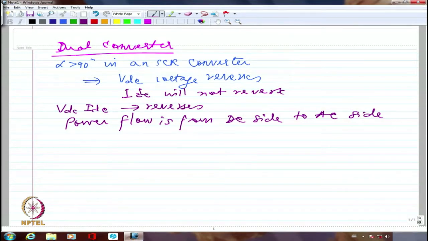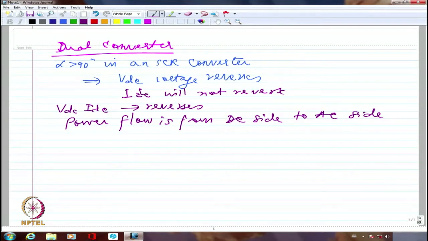That's what we said when we were talking about a single converter feeding a DC motor drive, and if the speed has to be reduced, let's say we want to brake, the kinetic energy stored in the machine's rotating parts can actually drive the machine as a generator.